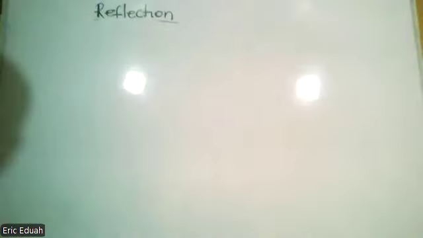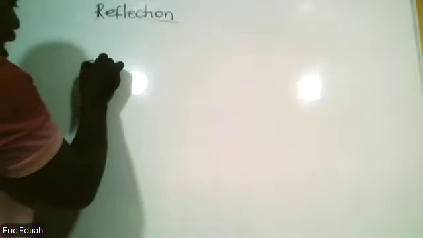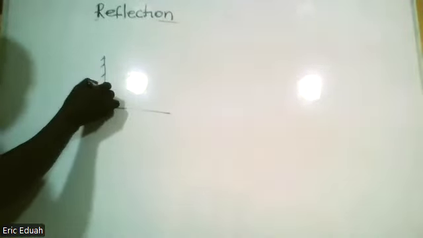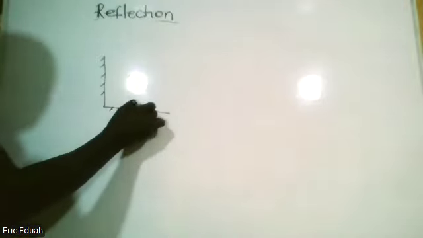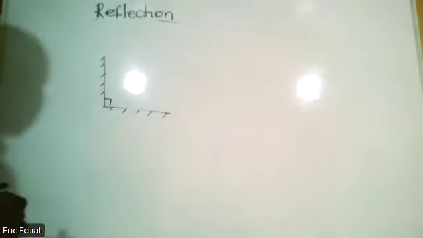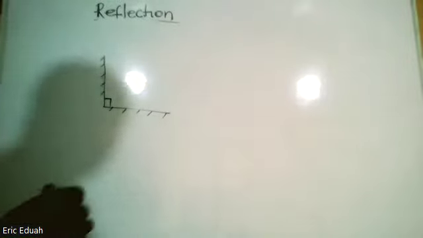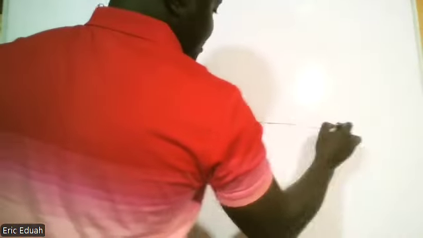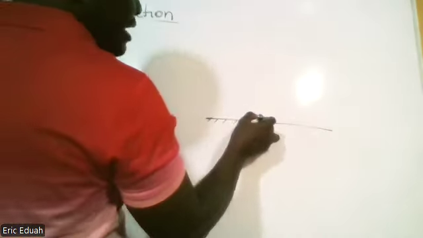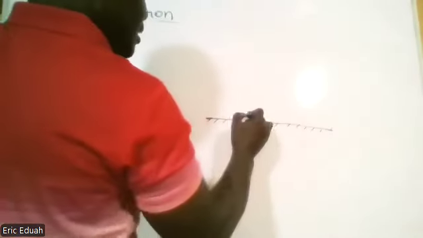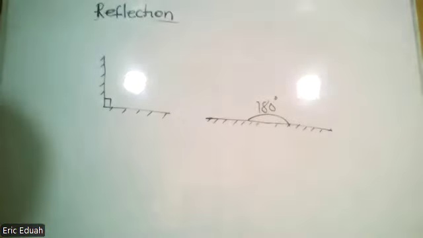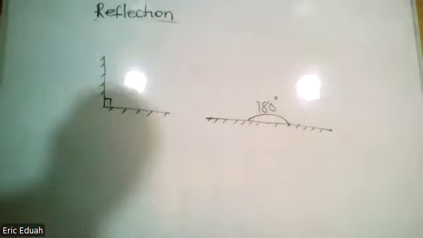When two mirrors are placed in such a way that the angle between them is 90, how many images will be produced? When two mirrors are positioned such that the angle between them is 180, what will be the number of images produced?